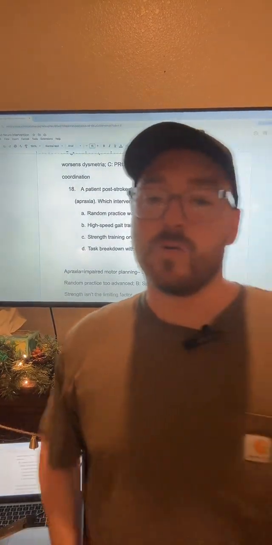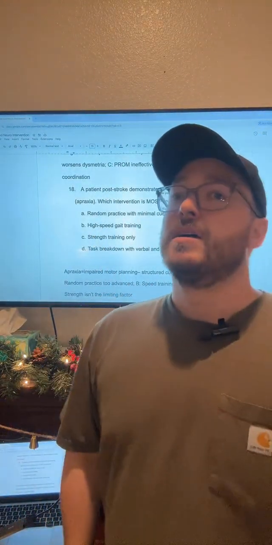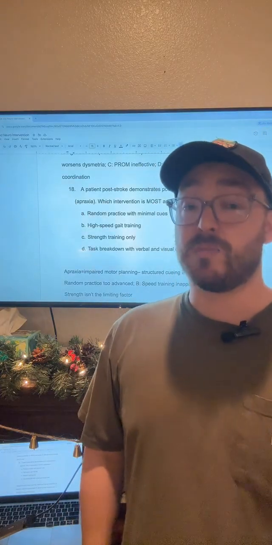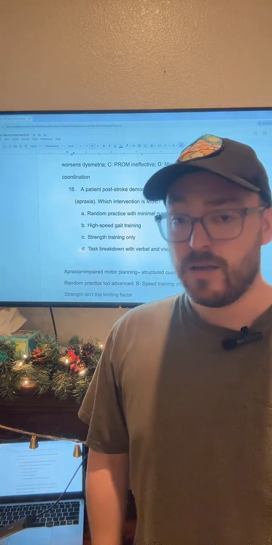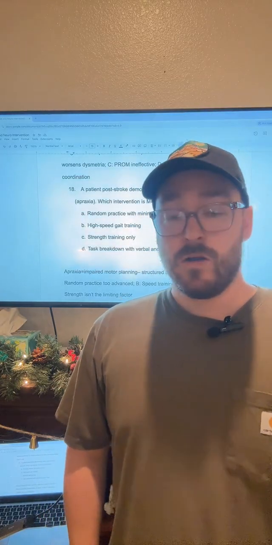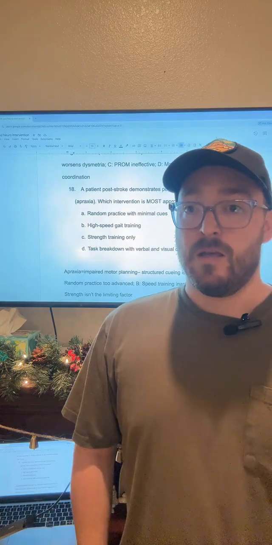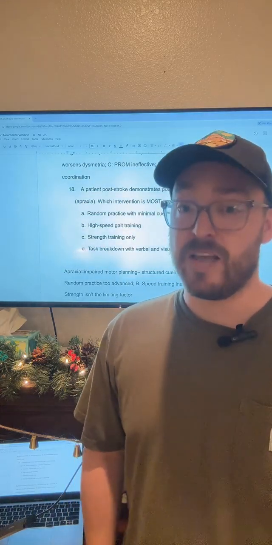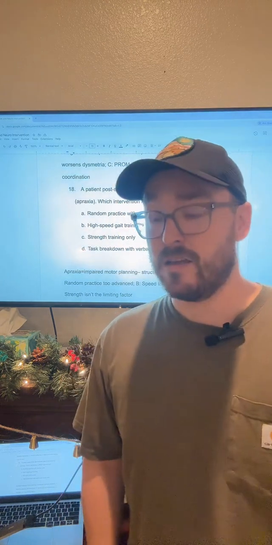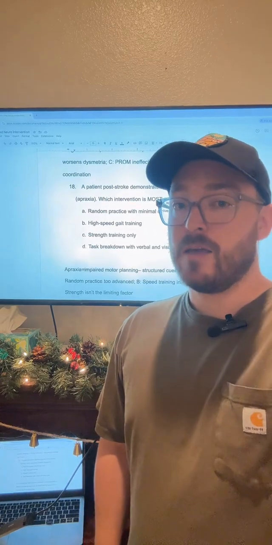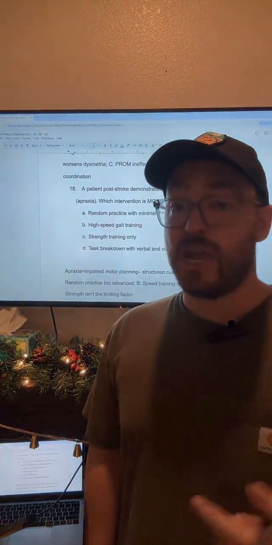Is it true that 6 months is the golden time for stroke recovery? So 6 months is where they're going to get the most spontaneous recovery back. Meaning that if we didn't intervene at all, if there was no rehab, then the majority of their spontaneous recovery as a result of their nervous system just healing is going to be basically over by 6 months. But that doesn't mean change can't occur.